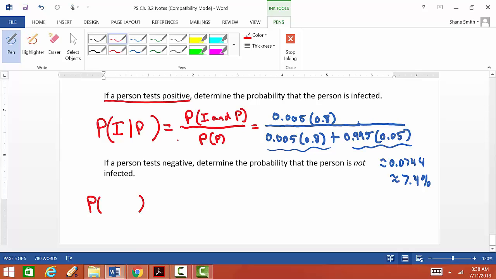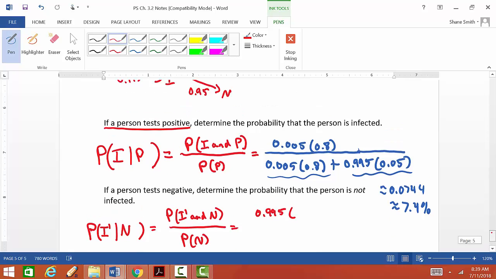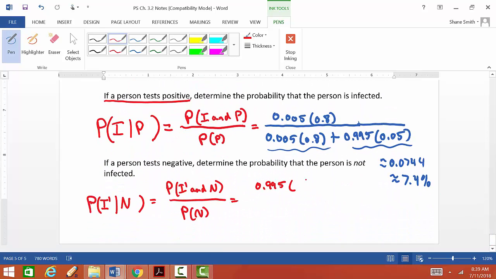So it says if a person tests negative, so that's what we're given. We're given the negative result. Determine the probability that the person is not infected. So in our numerator, we have not infected and negative. In our denominator, we have the probability of negative. So not infected, that's 0.995 times the negative results, which is 0.95.